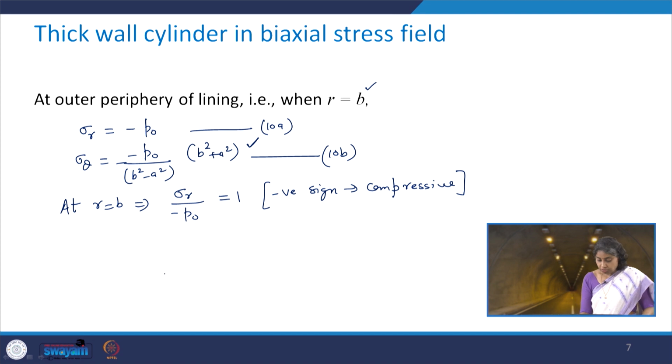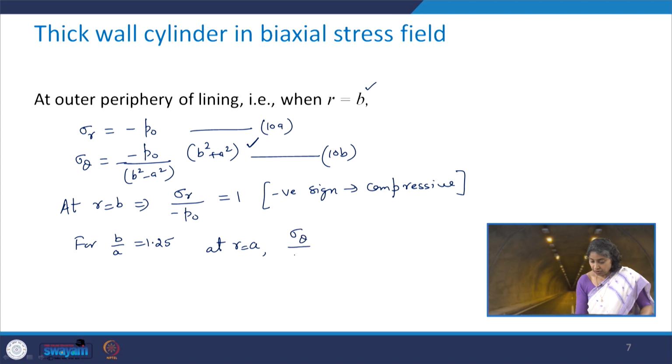Okay. So, let us say I take, for example, B by A to be equal to 1.25. So, at R is equal to A, my sigma theta upon minus P naught will work out to be 5.6.